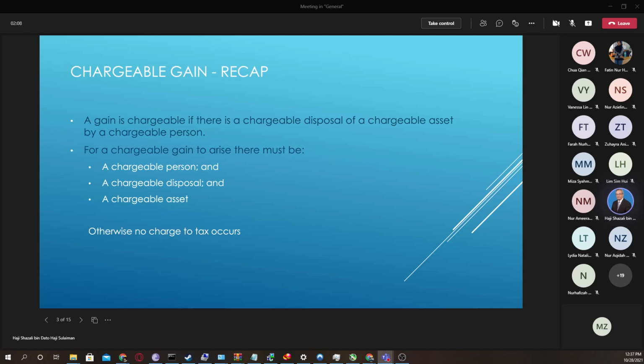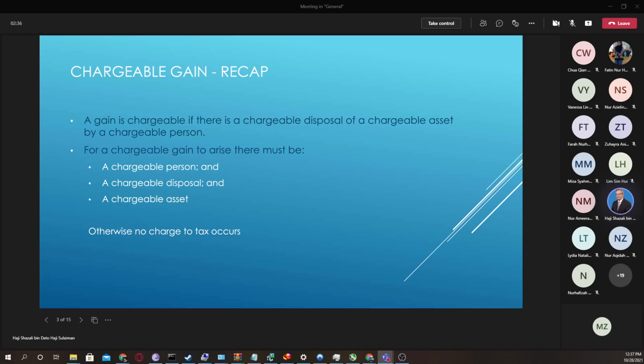Okay, so just a recap of what I mentioned last week. What the chargeable gain is. A gain is chargeable if there's a chargeable disposal of a chargeable asset by a chargeable person. So for a chargeable gain to arise, there must be a chargeable person. For an individual, which is what we're doing now, that will be a person, a chargeable disposal, a disposal of shares or securities, and a chargeable asset.